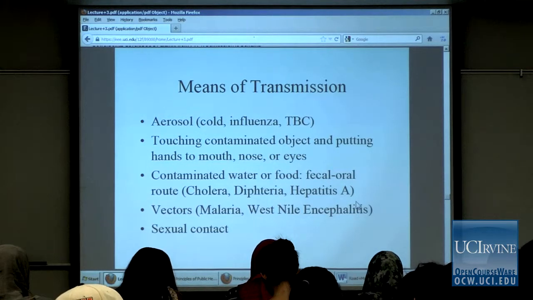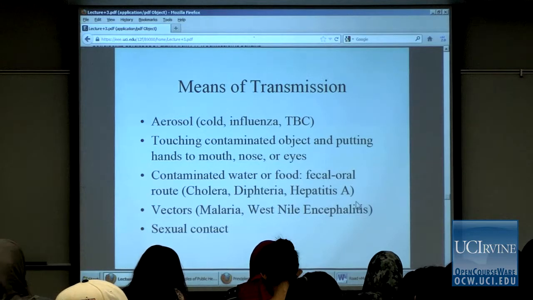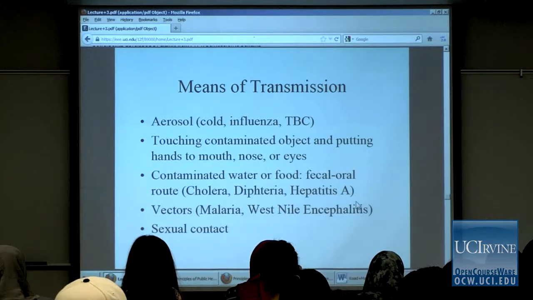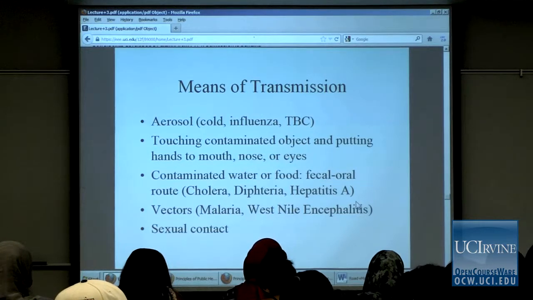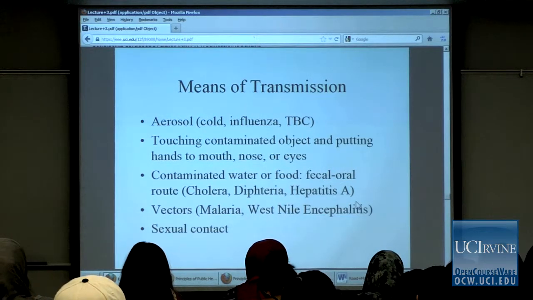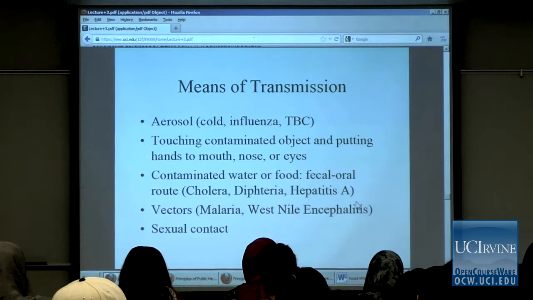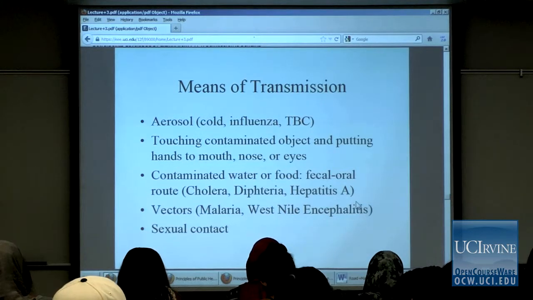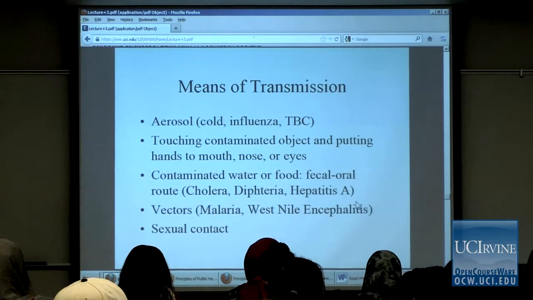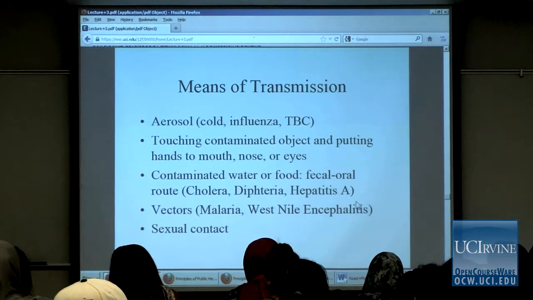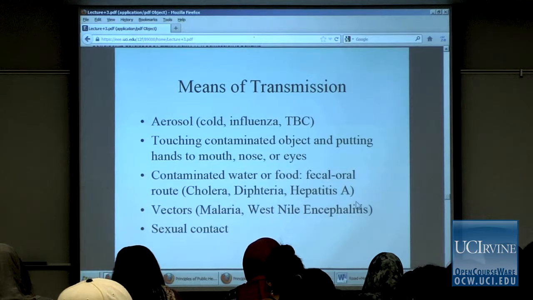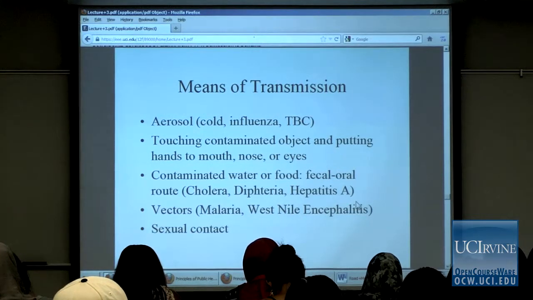The transmission could be through aerosol, through touching contaminated objects, through water, through vectors, and it could also be the behavior of human beings, so sexual contact can also transfer disease. From a public health perspective, it's very important to quickly make the diagnosis or find out what kind of pathogen could be involved, because if there is familiarity with the pathogen, you can quickly give information to the public.